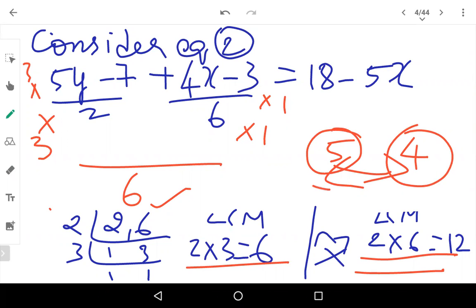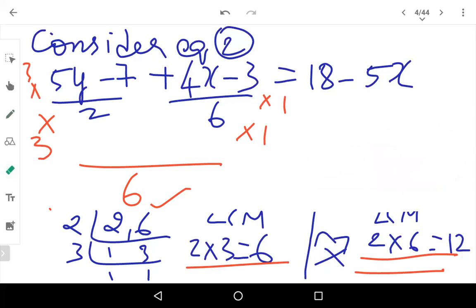So if you have numbers like this, then just multiply them and find the LCM. But if you get numbers which are multiples of each other, suppose you get 2 and 8, or 3 and 9, something like this, you can find the normal LCM and consider that number, so it will be easy for you to do the LCM.